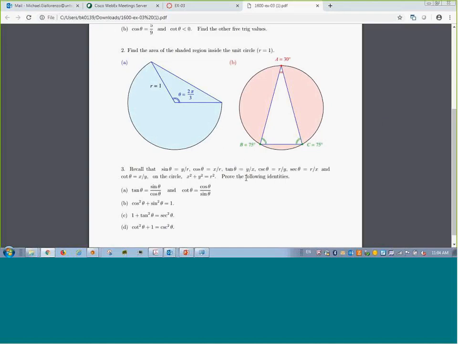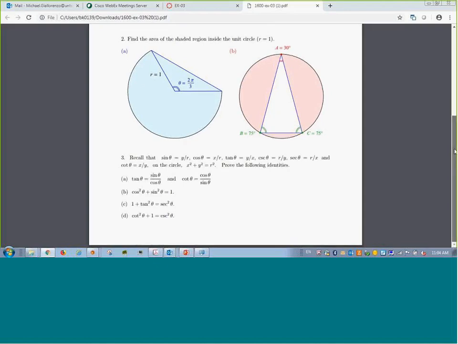Another thing that I'm going to emphasize is from number 3. As you can see, these are proof problems. And the proofs themselves are elementary, but what I'm really emphasizing is grammar. Because you're writing in a language, it's kind of like a foreign language, or it is a foreign language.